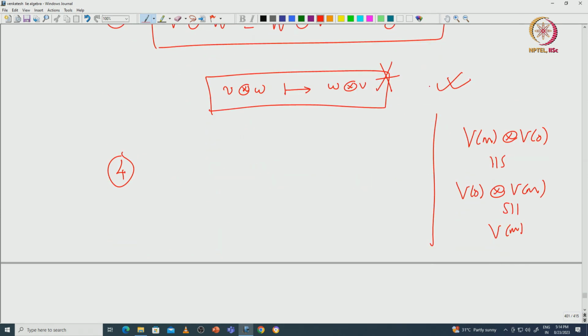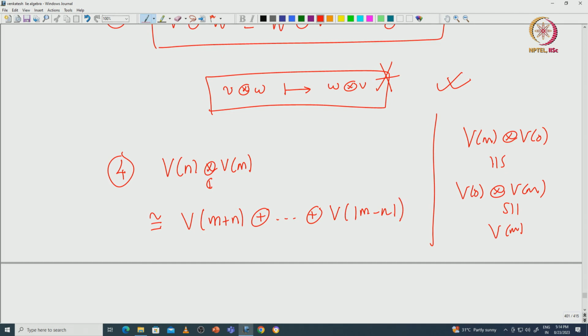Indeed, we have a very explicit formula to decompose this V(n) tensor V(m). The formula reads as follows. If we decompose this, it is isomorphic to V(m+n) direct sum, etc., direct sum V(|m-n|). Each of these, V(m+n) etc. up to V(|m-n|), occurs only once.